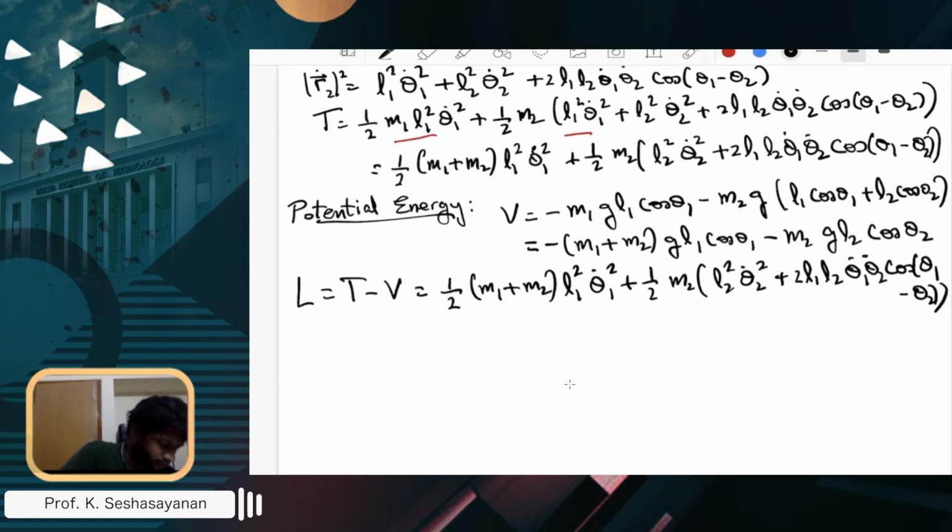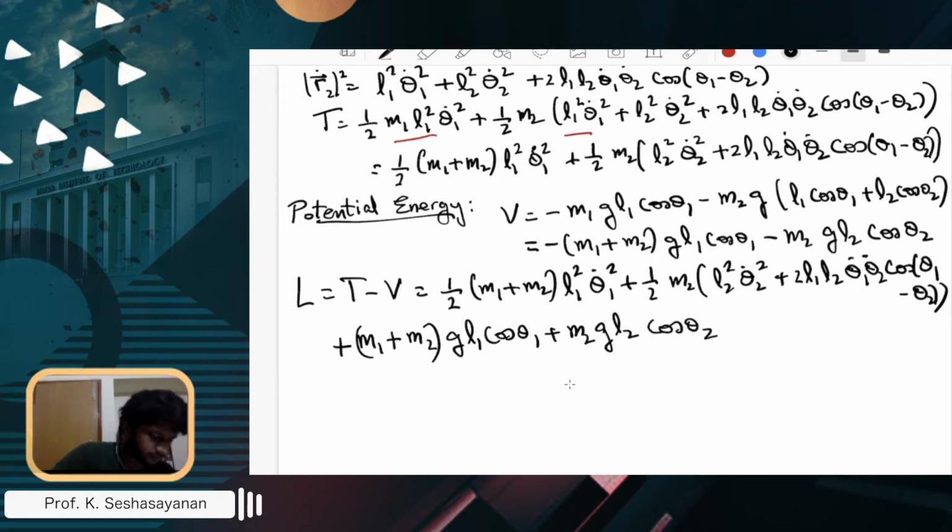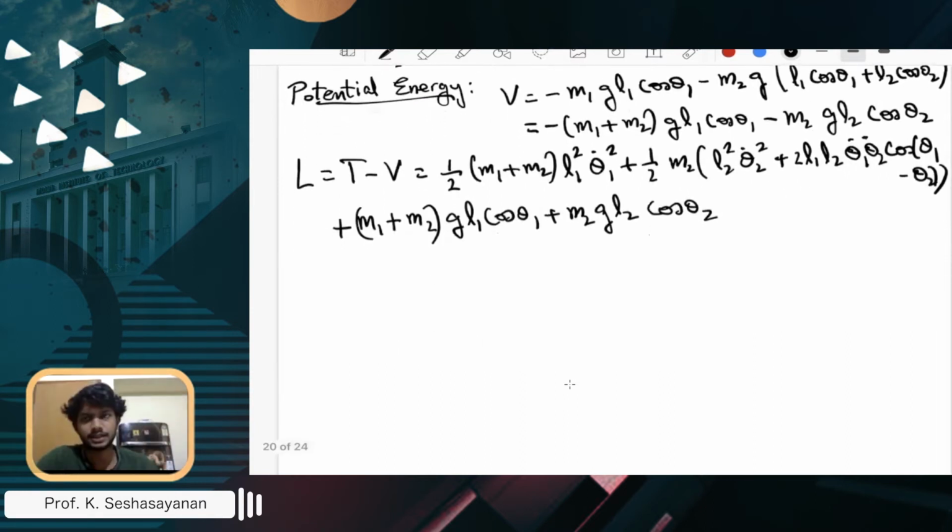So it's minus of V, so we get plus m1 plus m2 times g l1 cos theta 1 plus m2 g l2 cos theta 2. So this is the expression for the Lagrangian.